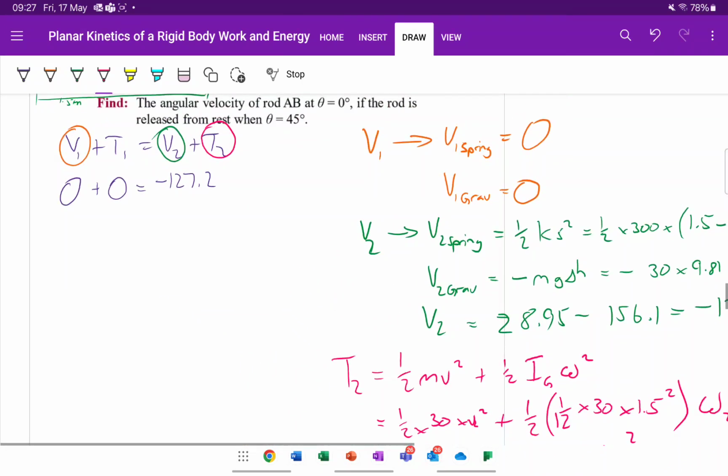So I can put that value into my purple equation, 11.25 omega 2 squared, and I can rearrange that to find omega 2 equals 3.36 radians per second.